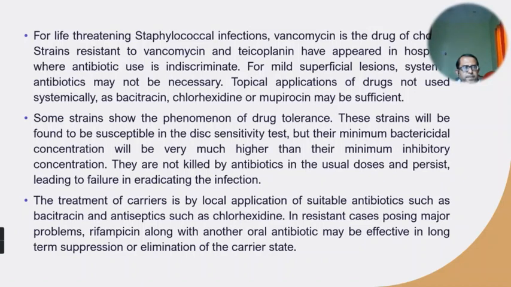So, for the treatment of carriers, bacitracin and the antiseptic chlorhexidine are used. But if that strain is resistant to these antibiotics, then another antibiotic, rifamycin, is used, which is given orally, and so this bacteria is killed in that carrier, and that carrier becomes healthy.